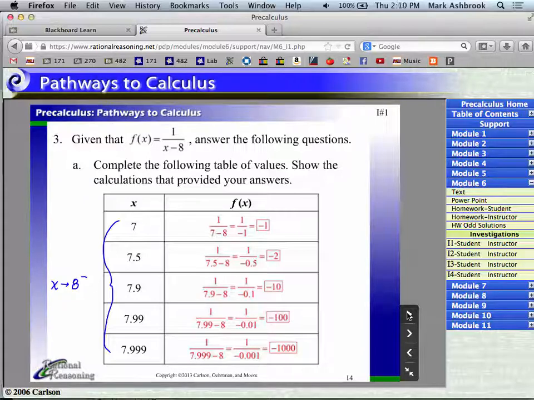As we get very, very close to 8, that root in the denominator, we're getting numbers that get very, in this case, very large negative. So those are the two possibilities that can happen near a vertical asymptote. As you move towards a 0 in the denominator, your function can either go up very sharply to positive infinity or down to negative infinity.